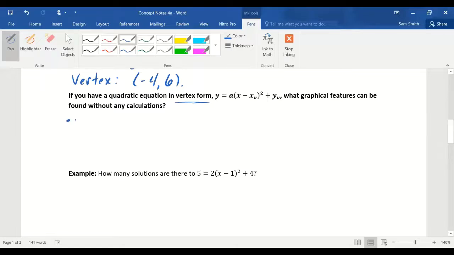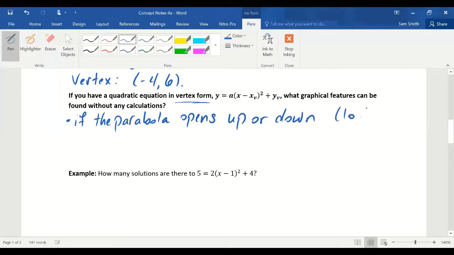The first one is you can decide if the parabola should open up or open down. That, as always, is determined by the leading coefficient, by this a value, which is exactly the same no matter what form you're dealing with, standard, factored, or vertex.